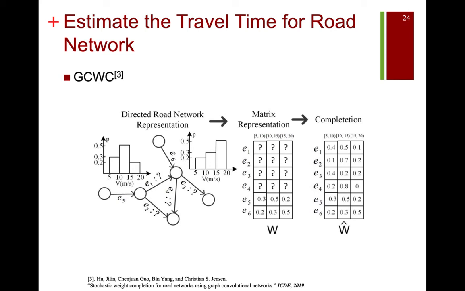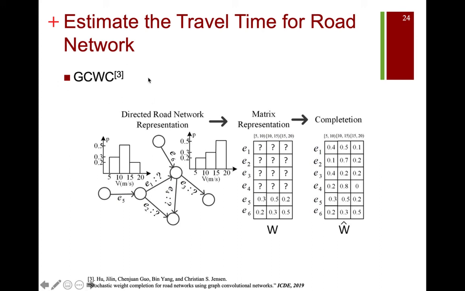And this is the so-called data sparsity problem. In this case, we can only get the travel time distribution for a small part of the road segments. And this picture shows an example. In this small road network, only the paths E5 and E6 contain the travel time distribution within a specific time interval.